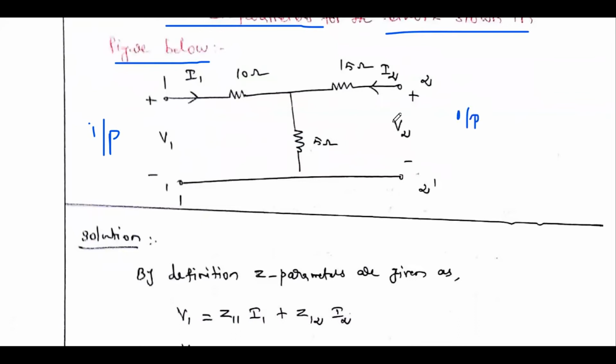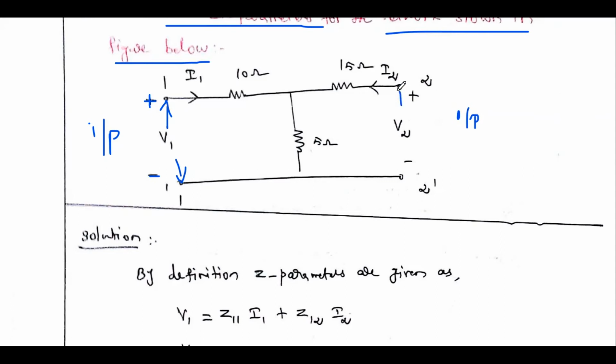Okay, output port. First we have to mark the input current, input voltage, output current, output voltage. So you see, the voltage applied across the input terminal 1, 1 dash is called V1, and the current entering into the input port is said to be I1.